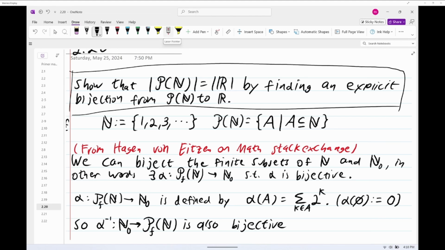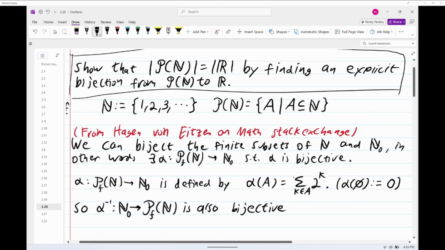This is defined by alpha of some set A is the sum of 2 to the k over k in A. I'm thinking about this whole thing in terms of binary expansions.